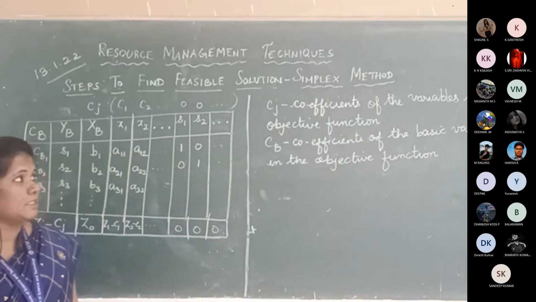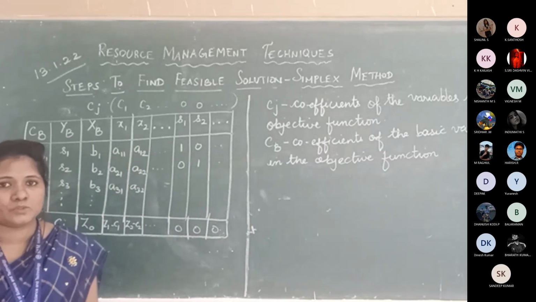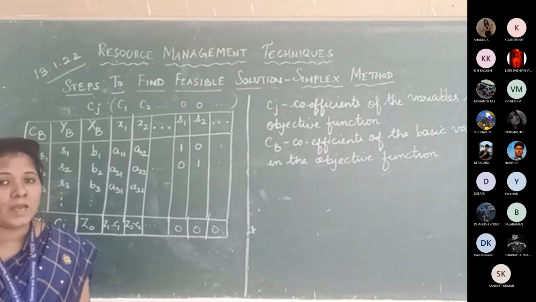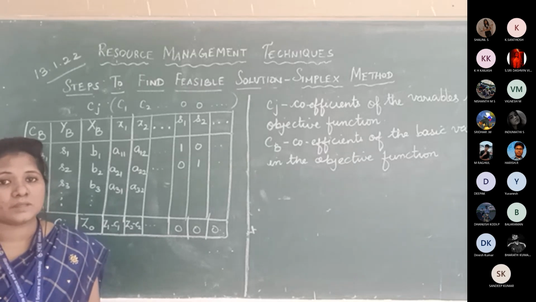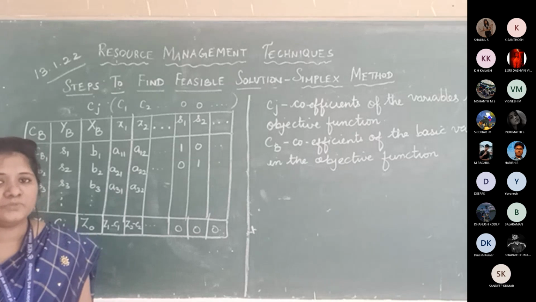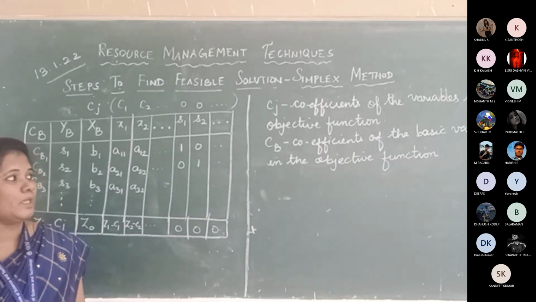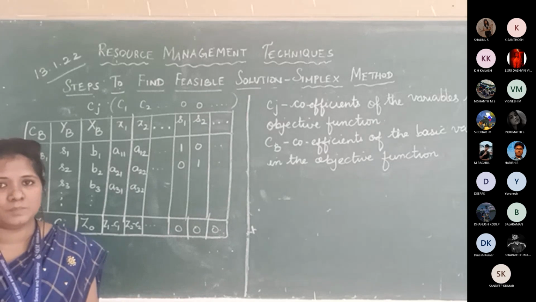So what is your Cj? Cj is the coefficient of the variables. Variables means your x1, x2 and so on. Basic variables are your slack variables, or surplus variables, but we deal only with slack variables. So your basic variables' coefficient will be your Cb.